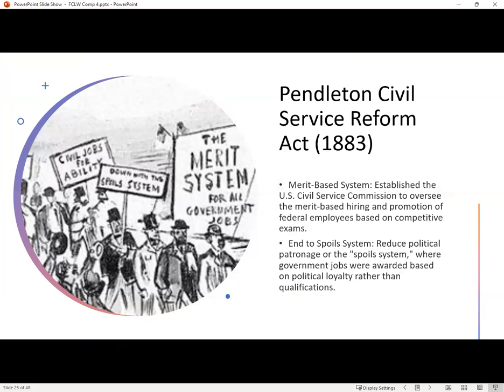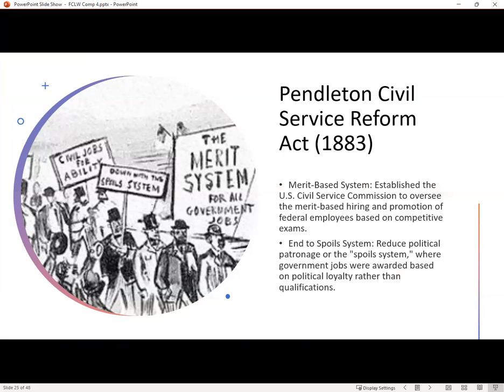The Pendleton Civil Service Reform Act, I put here because sometimes it's being used, when I looked at some of the questions that people had, like a disclaimer. But this is in federal government, when people wanted jobs, it was getting really bad. People in both the North and the South would give jobs based on, what can you give me?